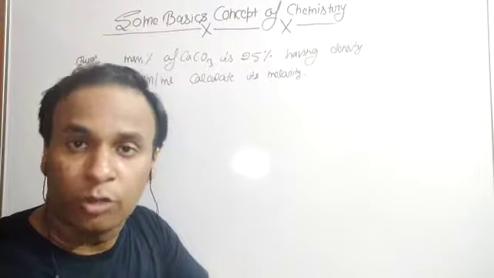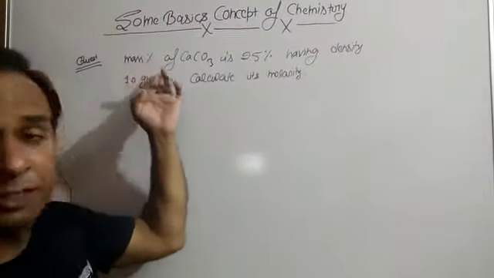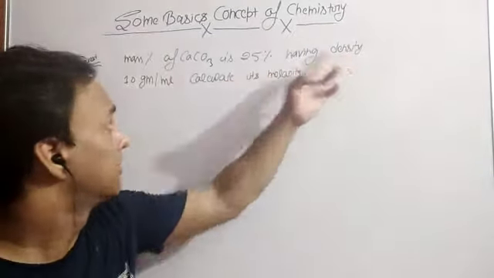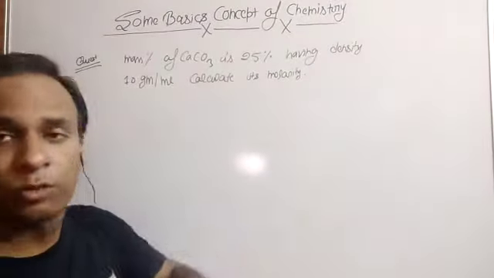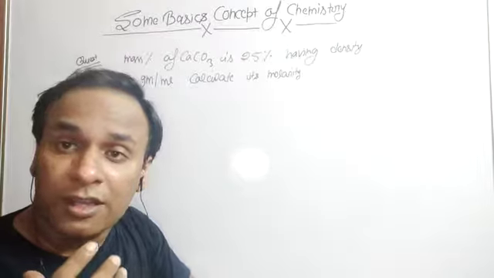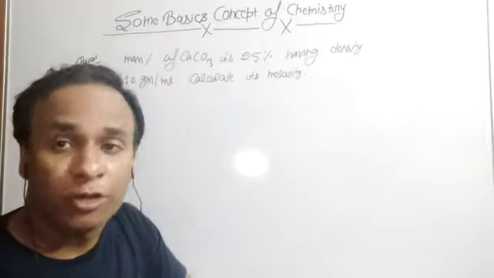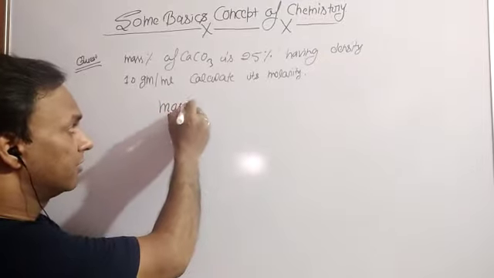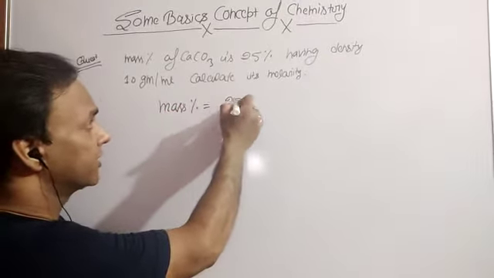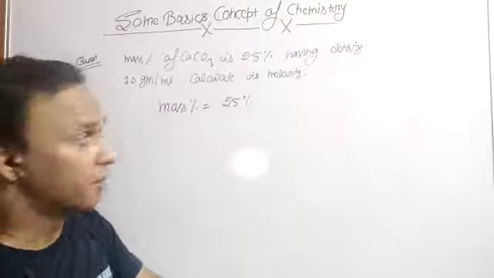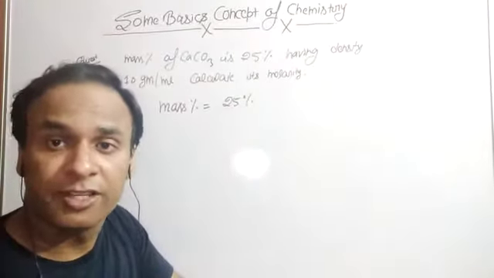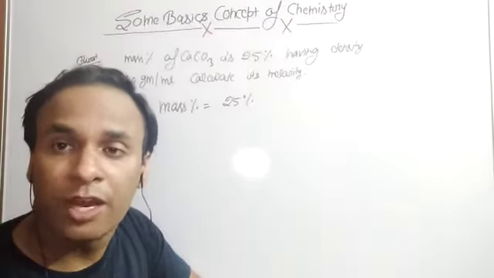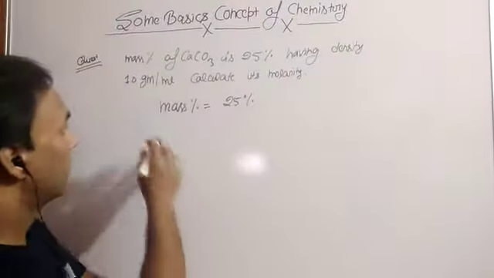Suppose that in a question the mass percent of calcium carbonate is 25%, having density 10 gram per ml, calculate its molarity. What are the given data? Mass percent is 25%. I already discussed mass percent in a previous video; it is the ratio of mass of solute upon mass of solution.